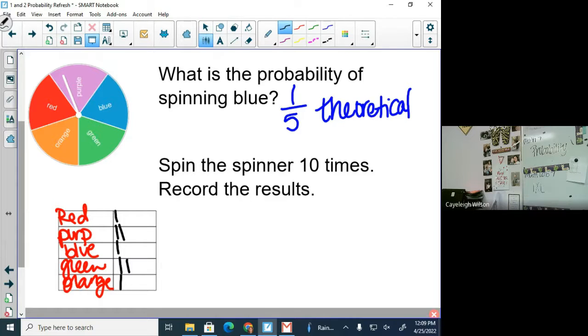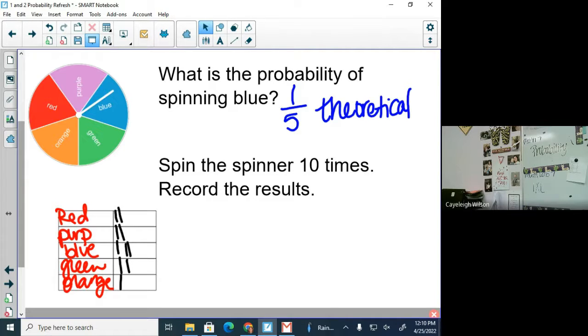Purple. 2, 4, 6, 7, 3 more. Blue. Yeah, there. Red. Blue again. I've got on my 10. Blue one.